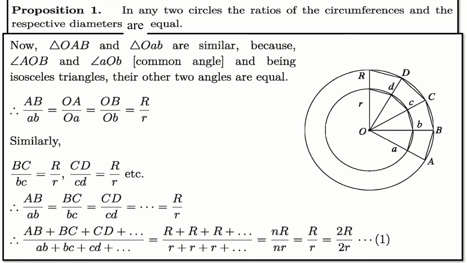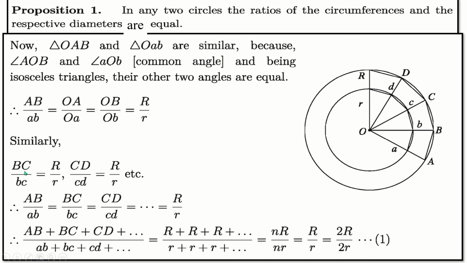If two triangles are similar, their corresponding sides are proportional. Here corresponding sides mean AB by small ab, OA by capital O small a, and OB by capital O small b. But OB or OA is the radius of the big circle, that is capital R, and OA or OB is the radius of the small circle. Okay.